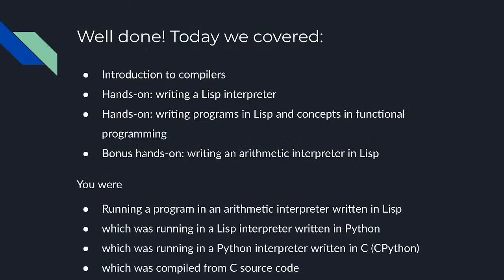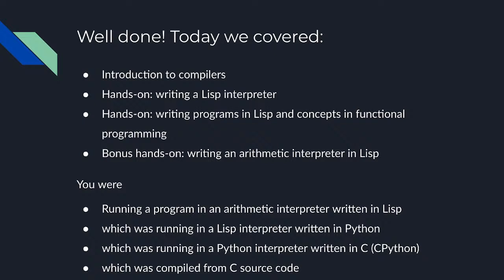So let's skip it. Okay, we've covered all these. And just to reiterate, what we did at the end is that we are running a program in an arithmetic interpreter written in Lisp, which was running in a Lisp interpreter written in Python, which was running in a Python interpreter, which, by the way, the chances are was written in C, right, CPython, and that C was compiled from C source code.